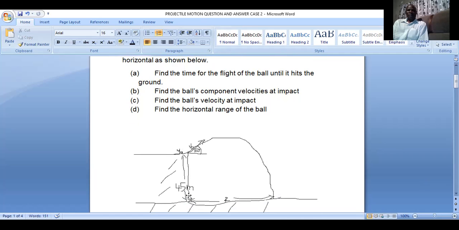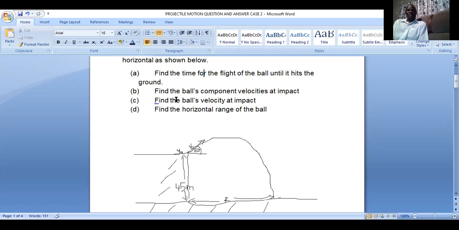This is thrown from a building. This is the building. The height of the building is 45 meters. And then in part B, we are going to look at the components of the velocity at impact. Just before the impact, what will be the velocity, that is the X component velocity as well as the Y component velocity.